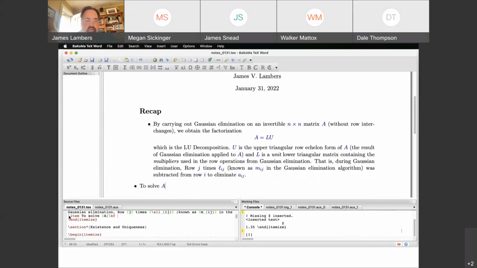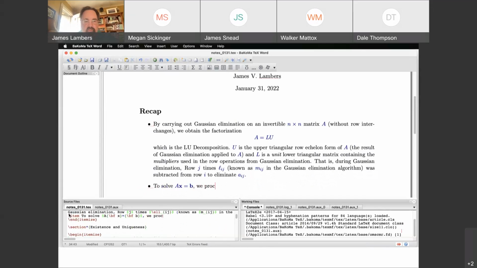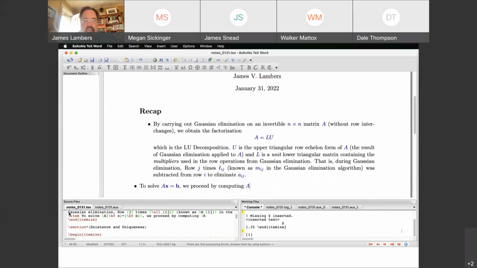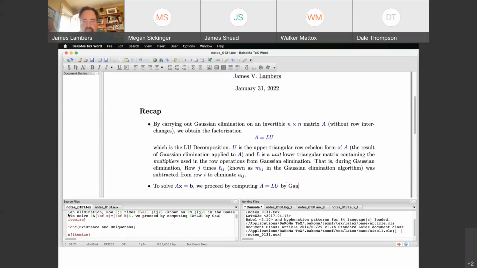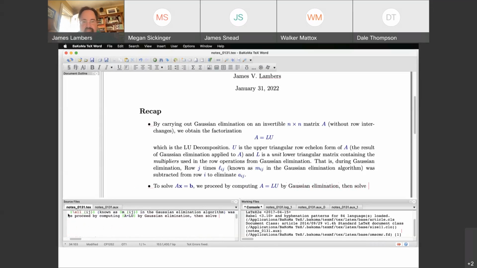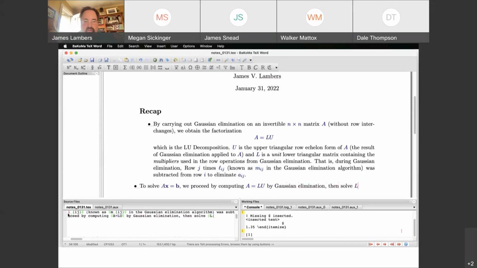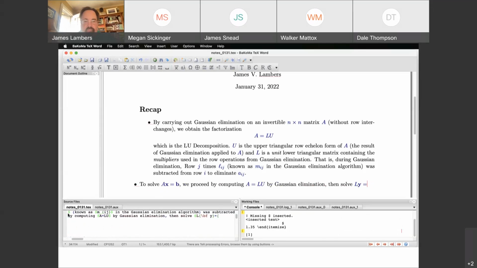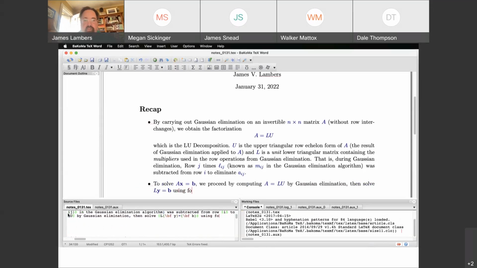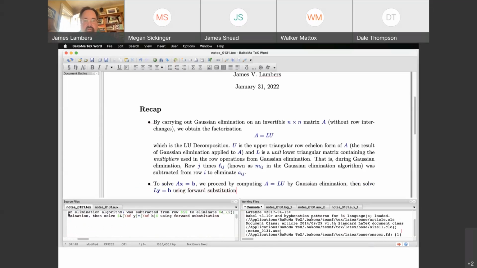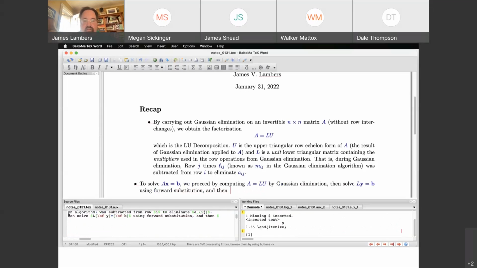If you're solving the system Ax equals b, you carry out the LU decomposition, and then we solve the system Ly equal to b using forward substitution, and the output of that is the unknown vector y.